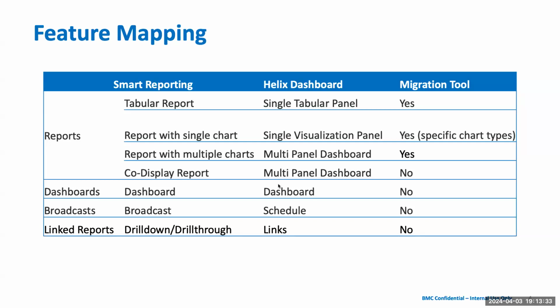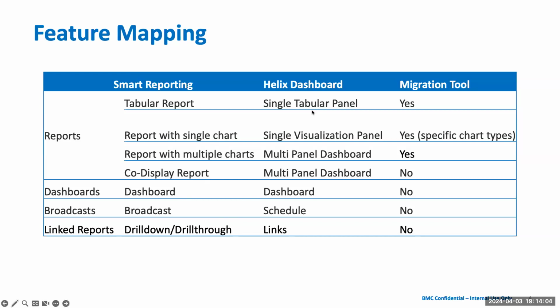Now, the first thing that you would notice, and probably you have already during your prerequisite WBTs, is that in the Helix dashboard world, everything is a dashboard. In smart reporting, you have different types of reports. It could be a standalone report, or a co-display report which has embedded reports, or a dashboard which has reports linked to it, and so on.